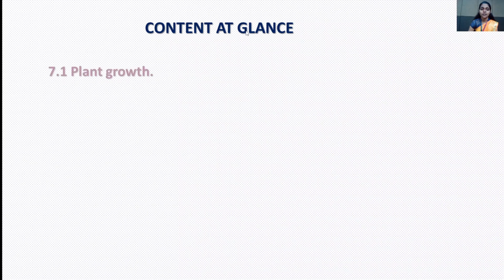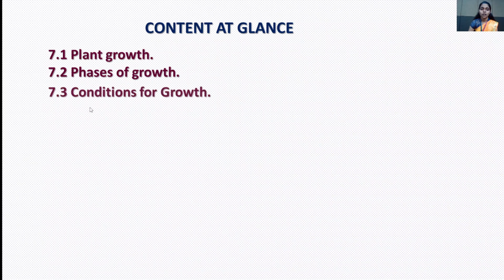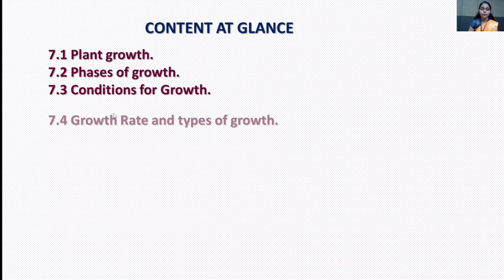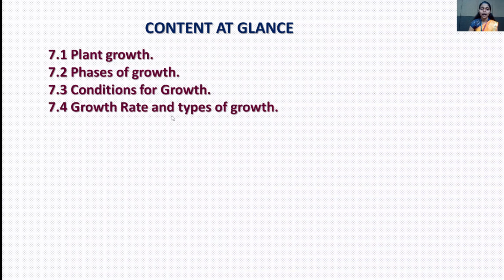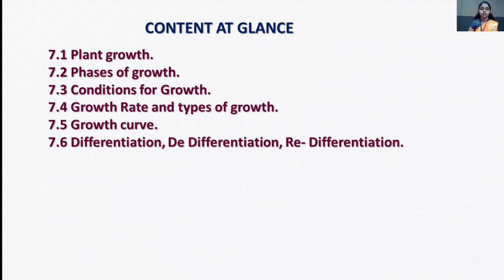Content at a glance. First point is plant growth. Second, phases of growth, condition for growth. Growth rate and types of growth. Next point is growth curve. Next, differentiation, dedifferentiation and redifferentiation.